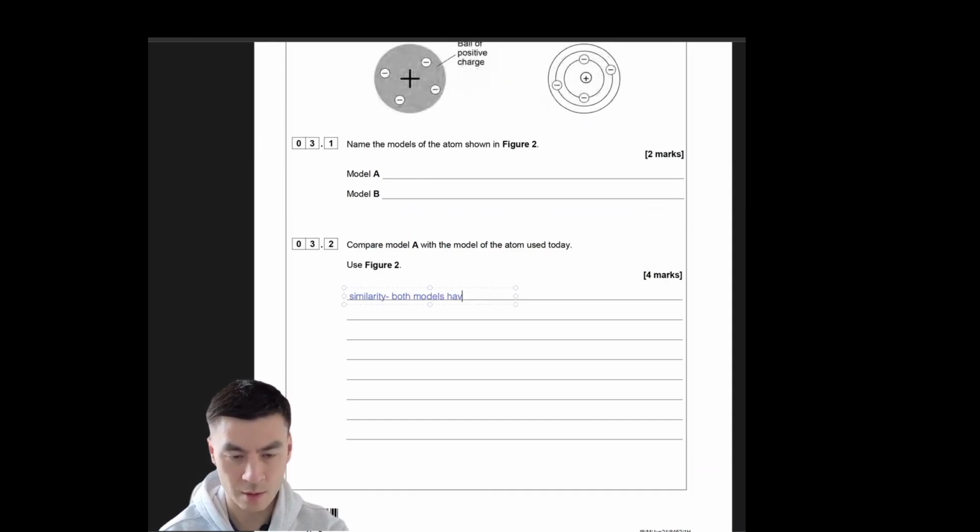Both models have positive and negative charges, therefore both are neutral atoms. 有乜嘢 difference 咧？Model A has no nucleus.